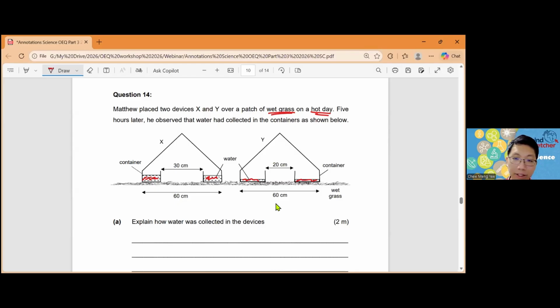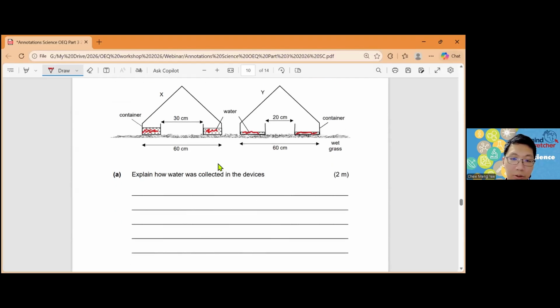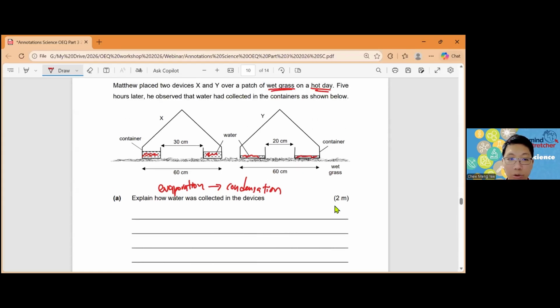Now they are all placed on the wet grass. Where did this water come from? This is the whole water evaporation and water condensation. You must have the evaporation first, before the condensation. So your answer has two parts.